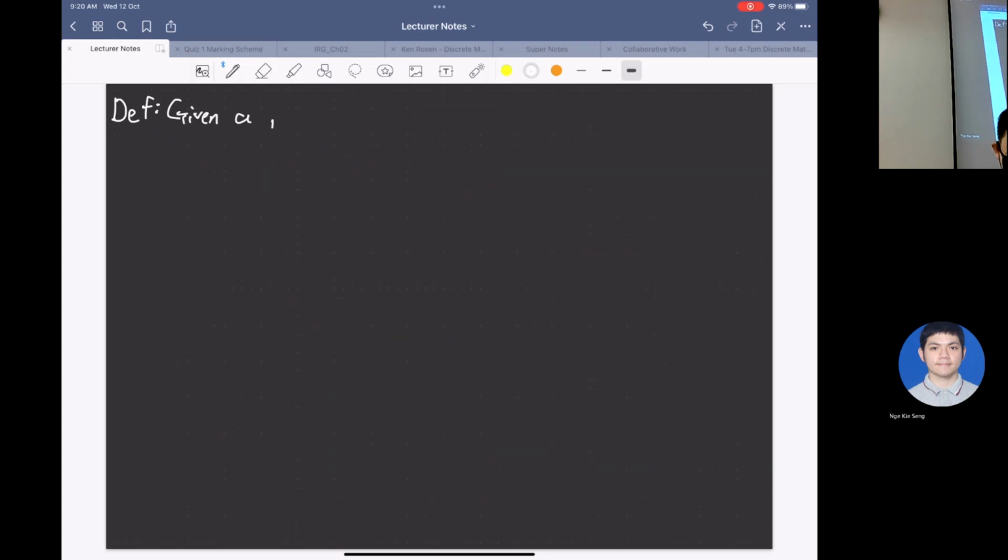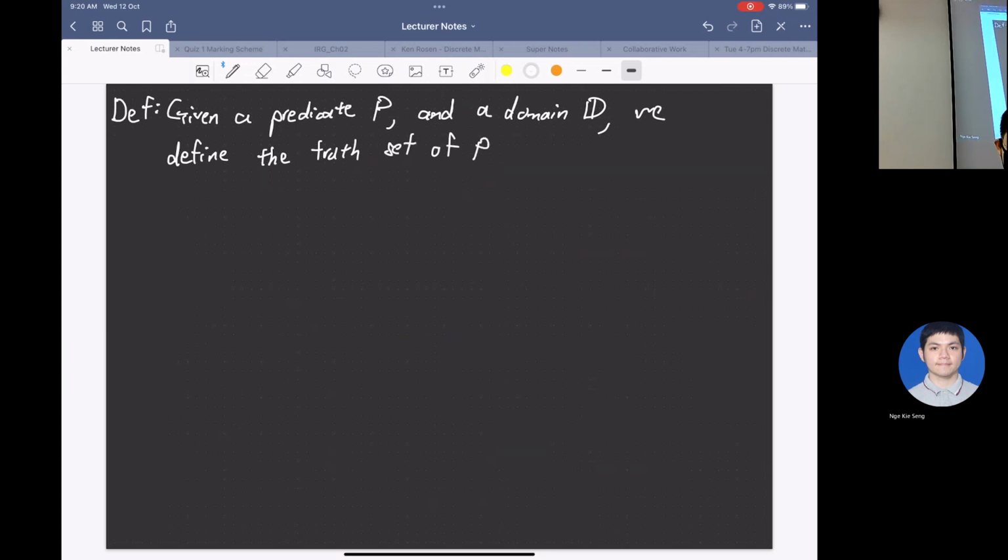Given a predicate, and this one is linking predicate logic and set theory, and the domain, we define the truth set of P to be the set of elements x in the domain for which P(x) is true.